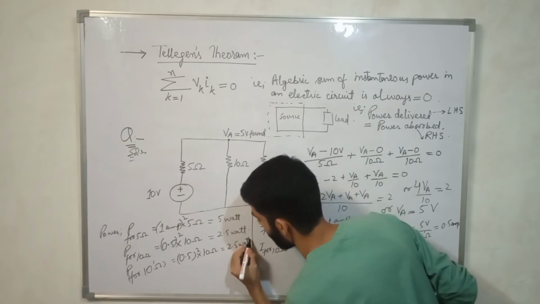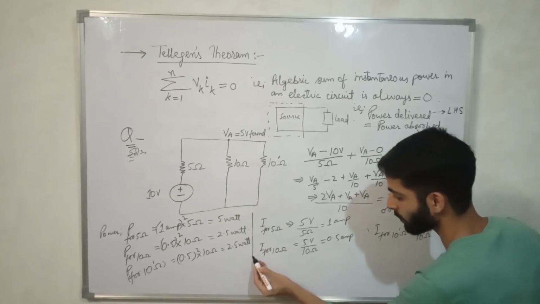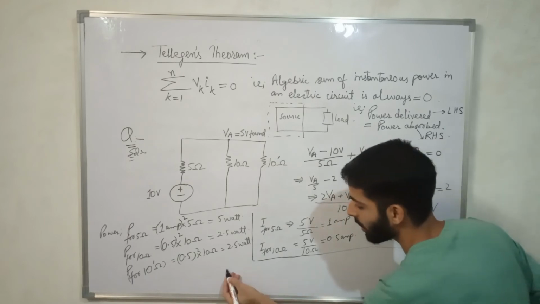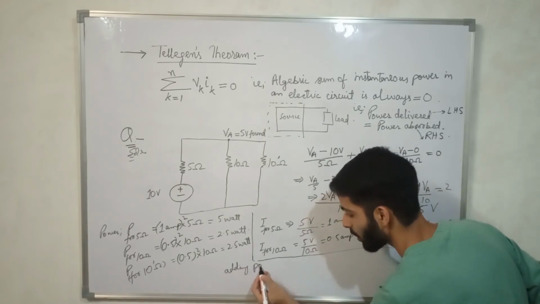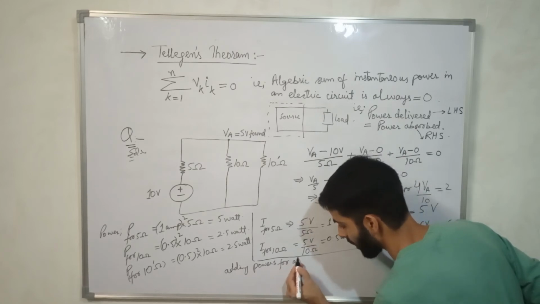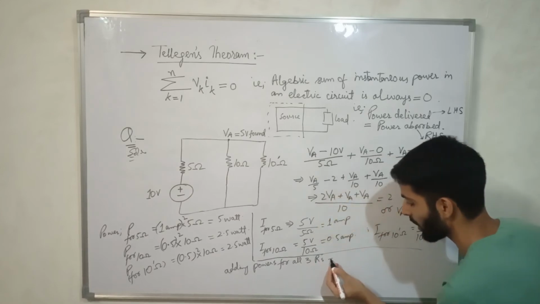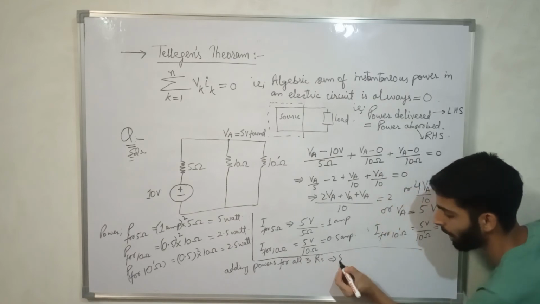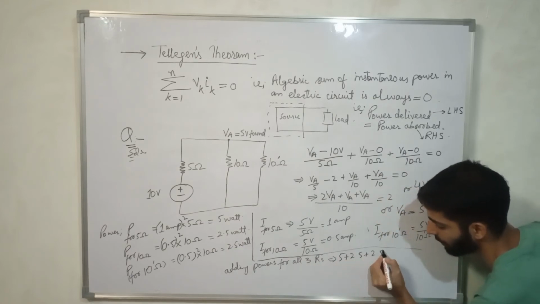Then doing one more thing, adding the powers for all three resistances, it becomes 5 plus 2.5 plus 2.5, 10 watt.